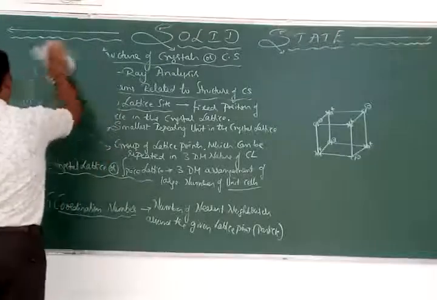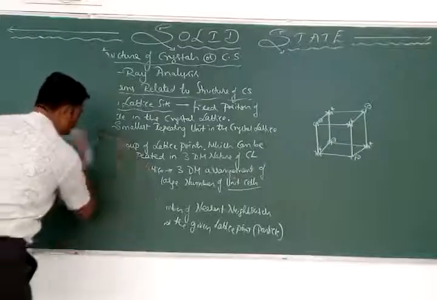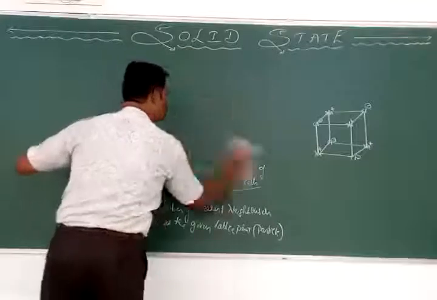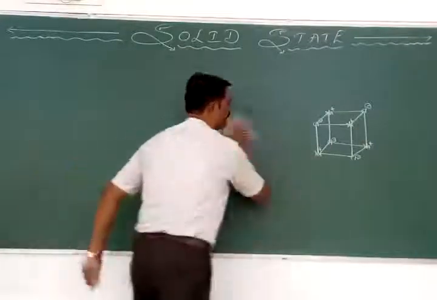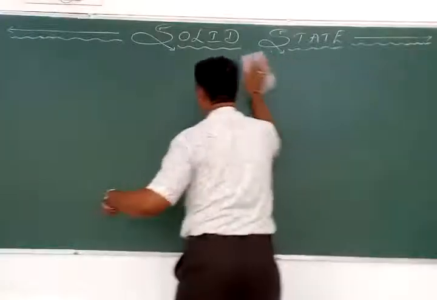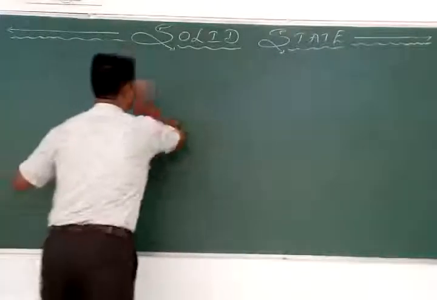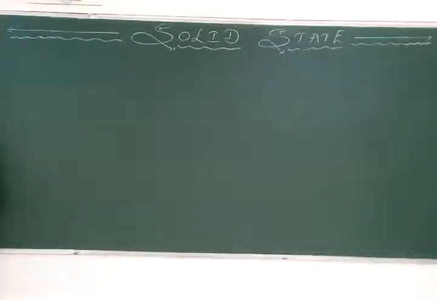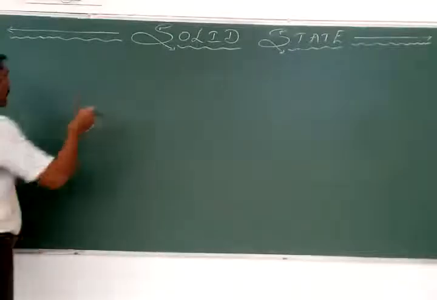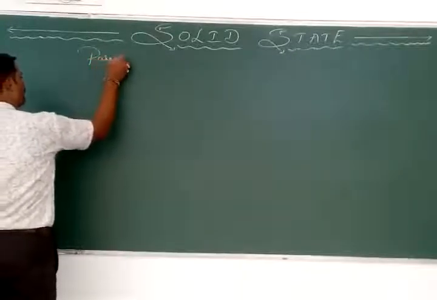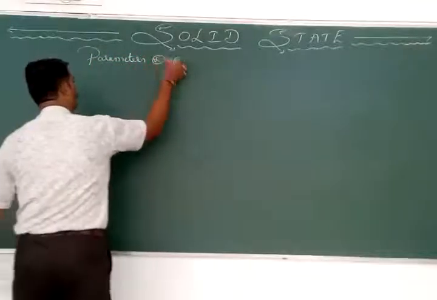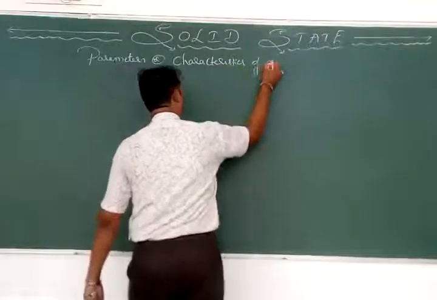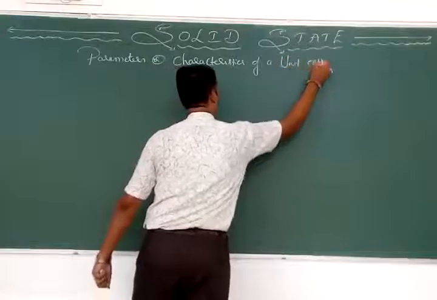Next we will have the various parameters that we have to know. The various parameters are the characteristics of the unit cell. Either we can call them parameters, or sometimes the characteristics of a unit cell.